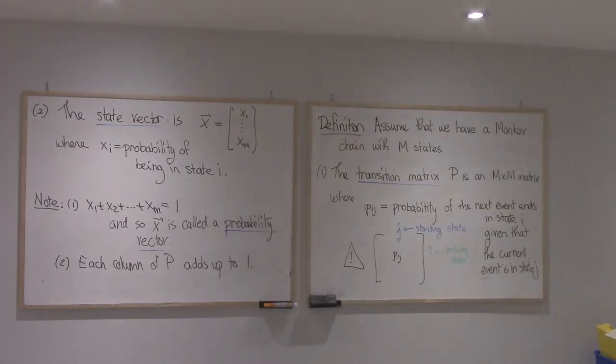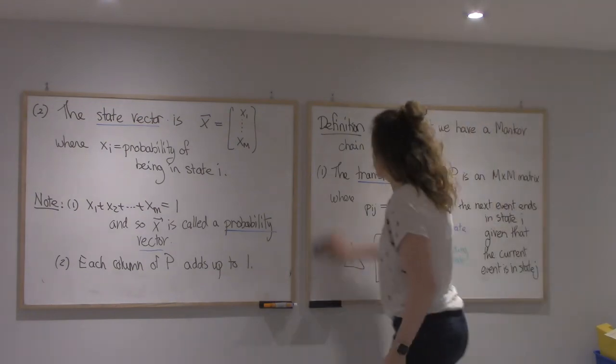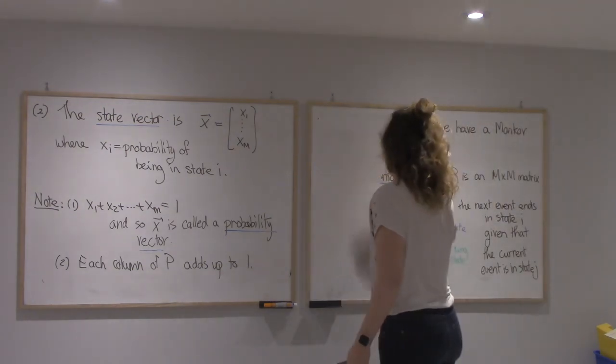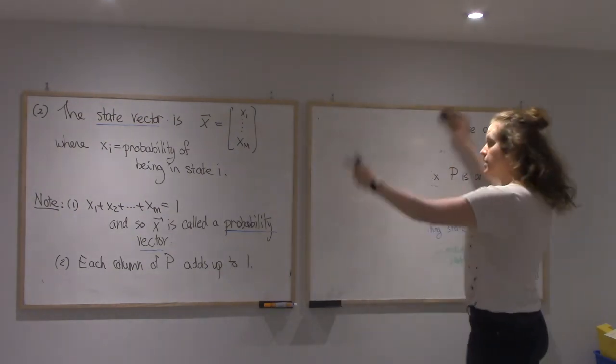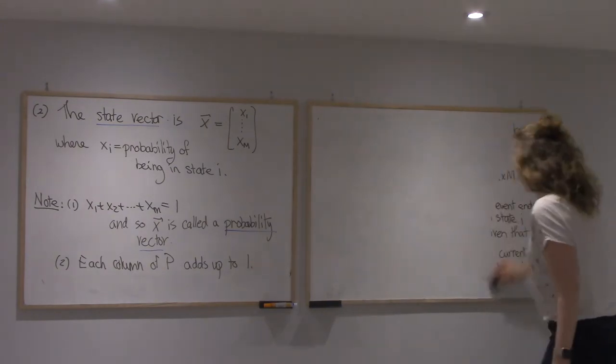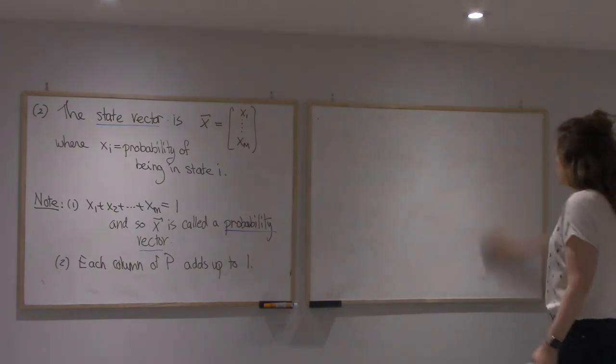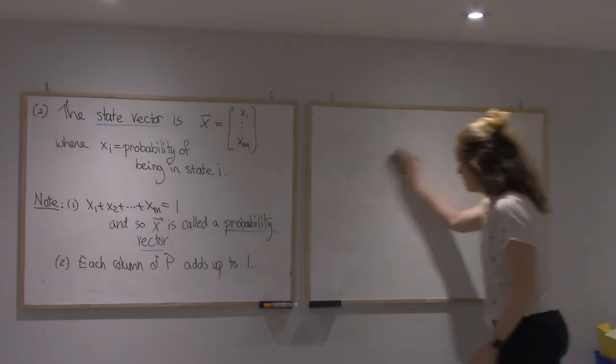All right, and what we've learned looking at the examples is that we can use P and state vectors to simplify our computation and keep track of all the possibilities.